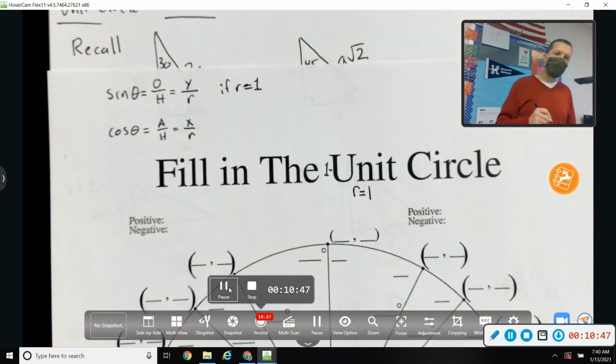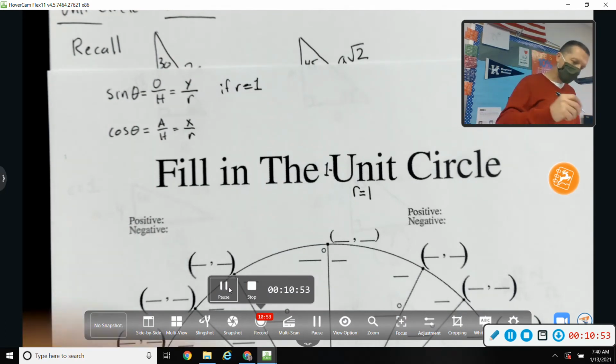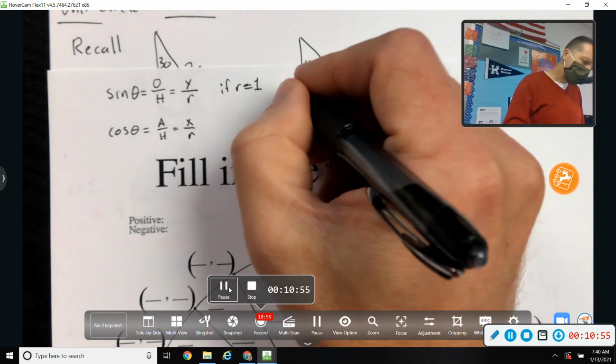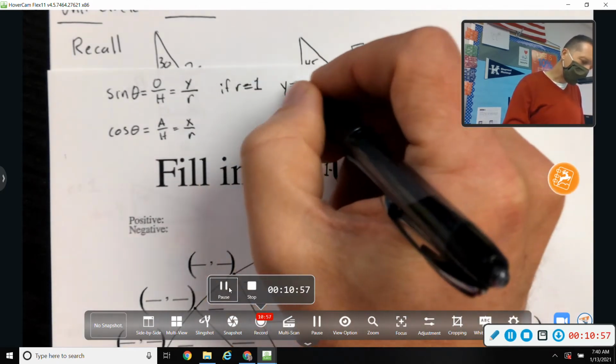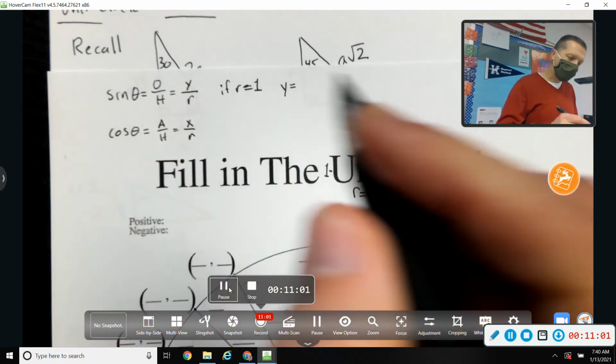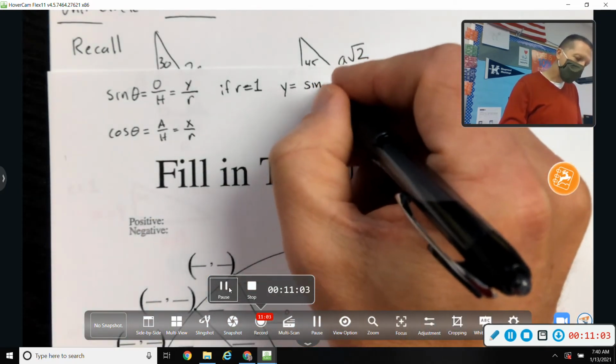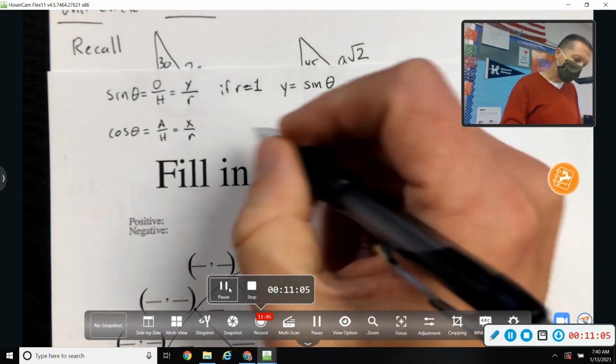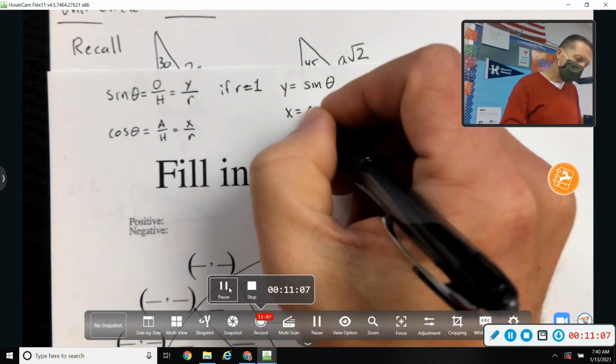So let's head back up to sine and cosine. If r is equal to 1, then y is equal to sine theta, right? Sine theta is y over r, but if r is 1, then y is sine theta, and x is cosine theta.